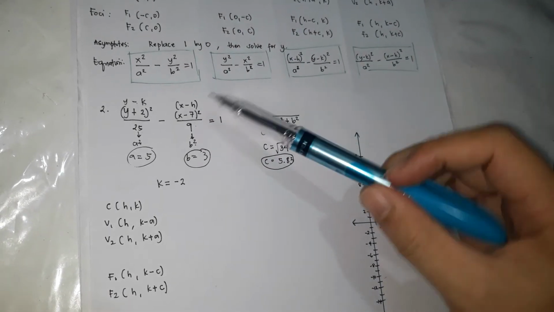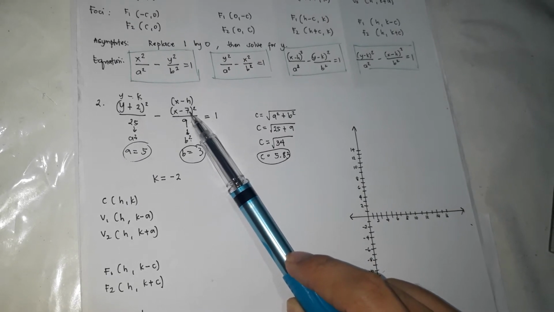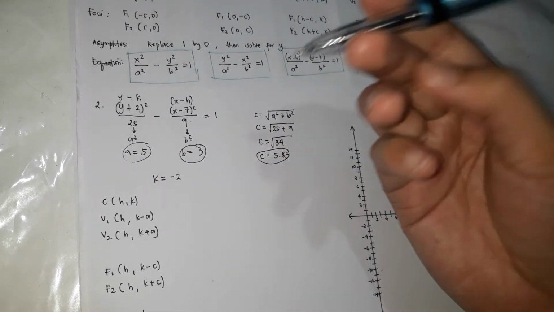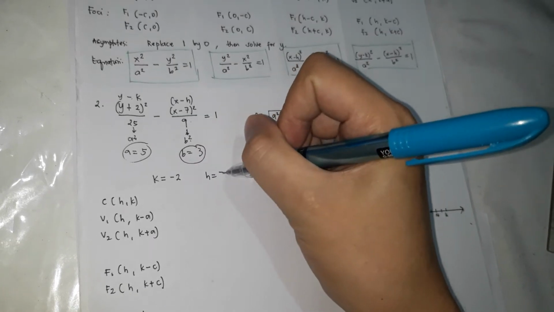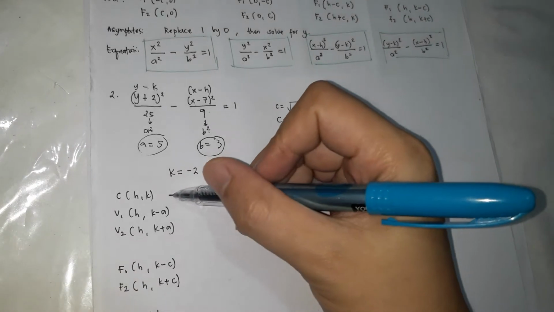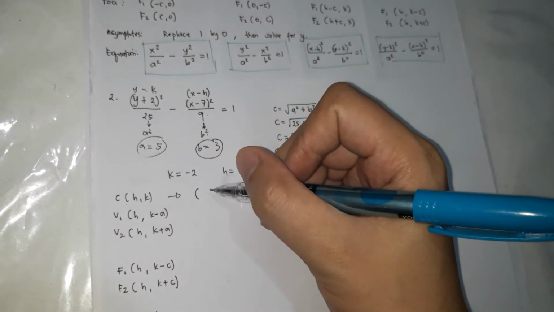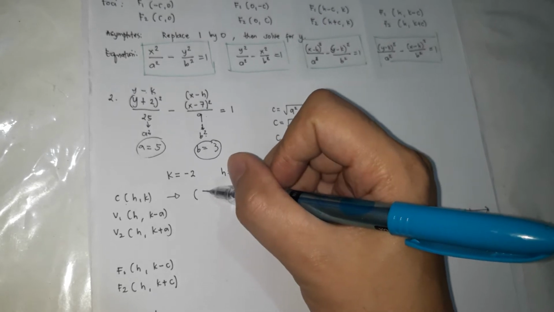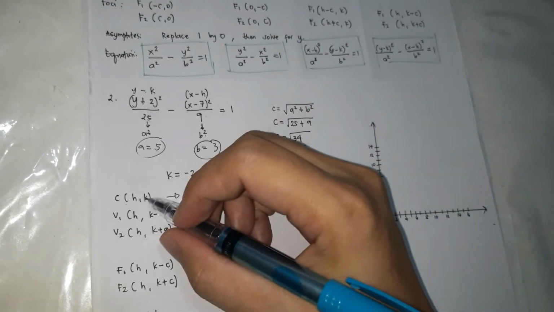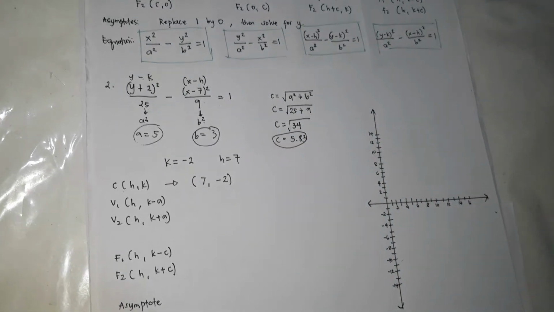So magkatulad na sila x, magkatulad rin silang minus. So this is simply h is 7. So h is 7. So in here, we all know na ang center is nasa h, 7, k, negative 2. So that's the center.